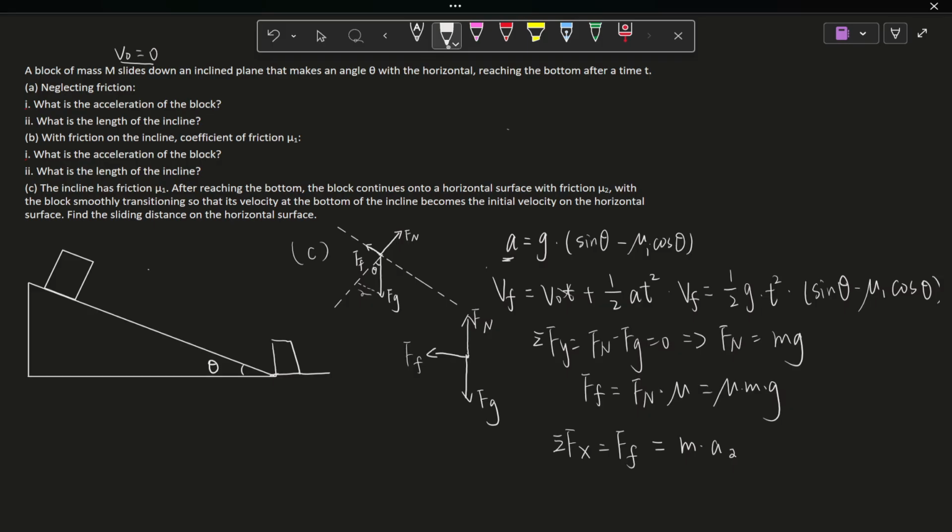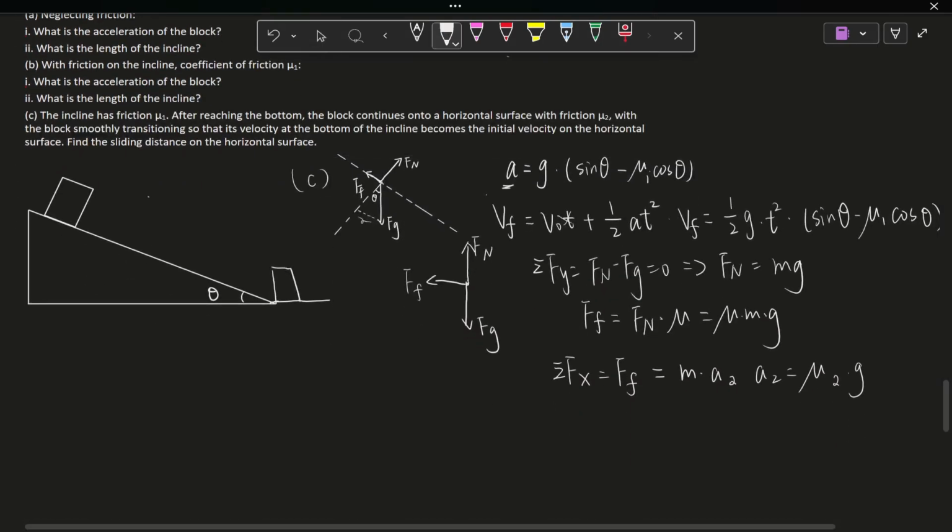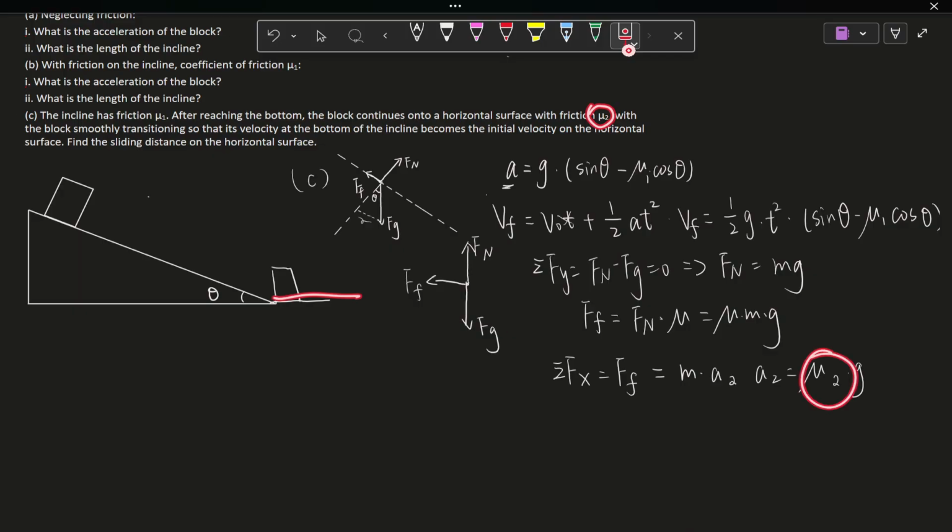So we get a2 equal to mu2 times g, because the coefficient of friction on a horizontal surface is mu2. So we write mu2 over here.